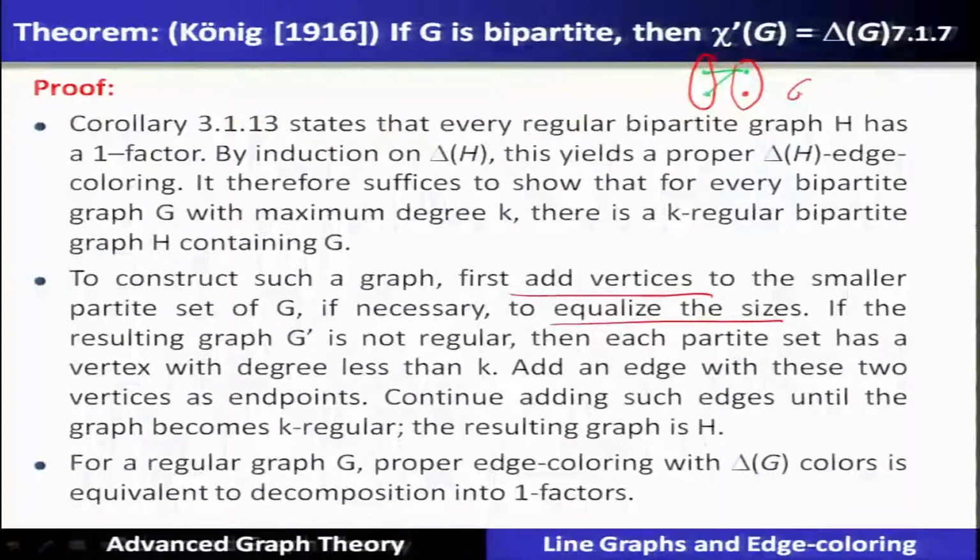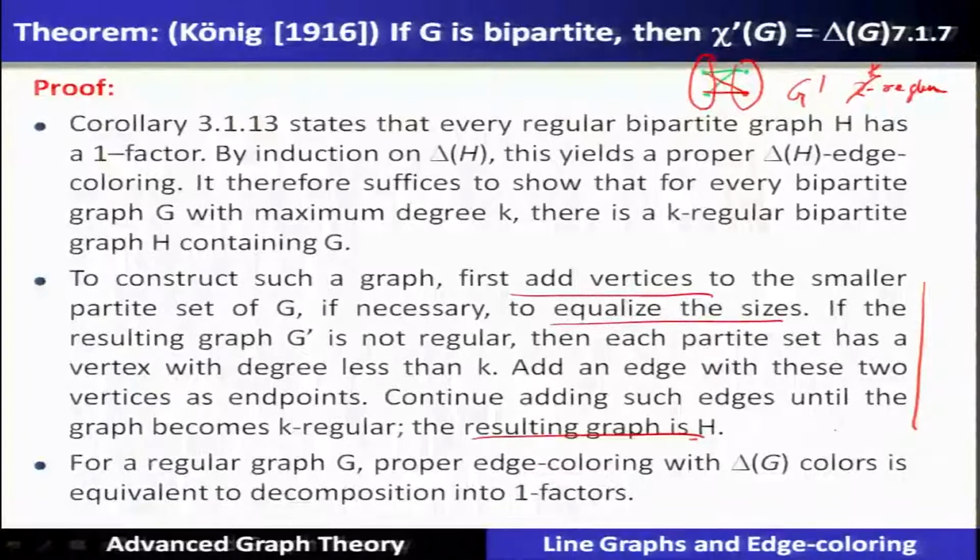Now, if this G prime is not regular, then we place extra edges, and hence this becomes a k-regular graph. So given any such bipartite graph, we can obtain a k-regular graph by these operations of adding vertices and adding edges.